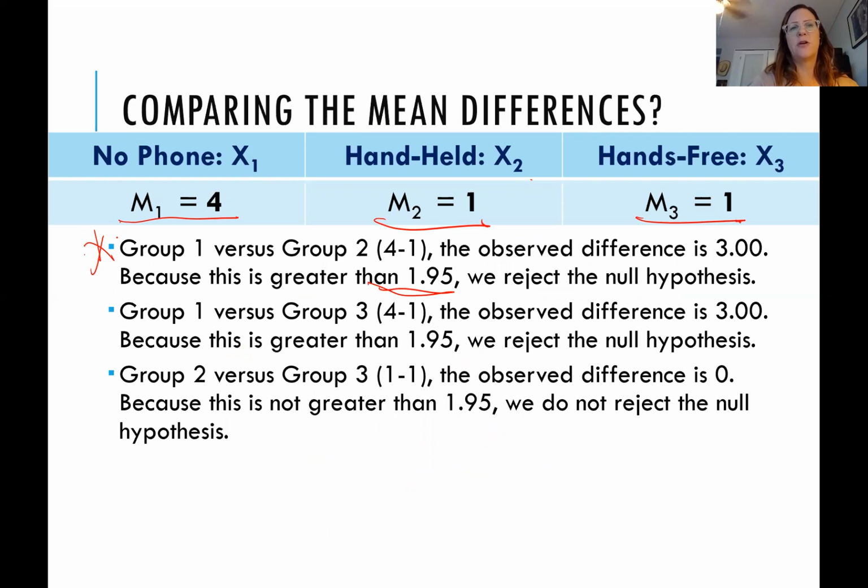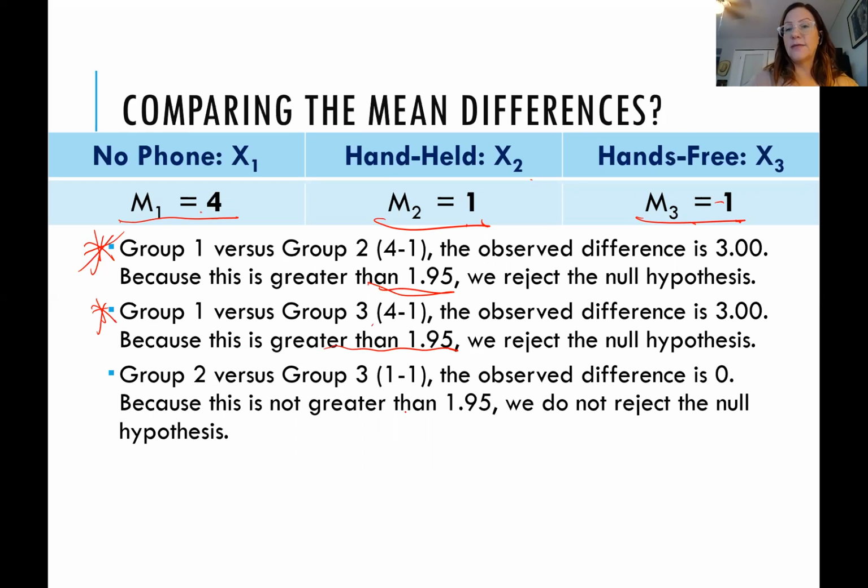So starring that one. Group 1 versus group 3. Again, 4 minus 1 is 3. That's greater than 1.95. The difference between those groups is significant. But then group 2 versus group 3, these both have the same mean. So that's 0.